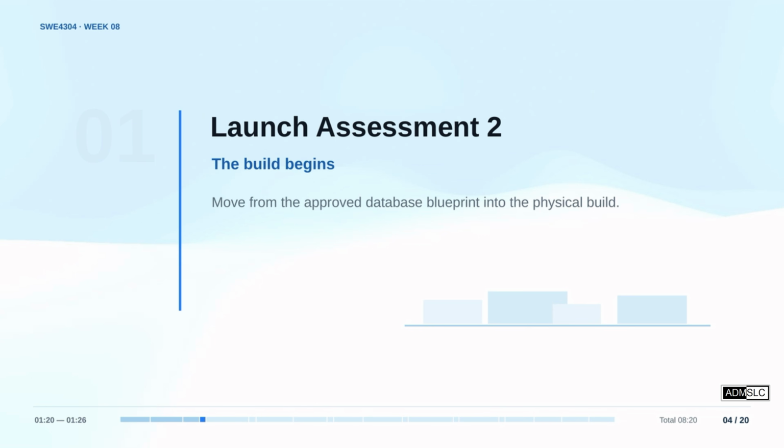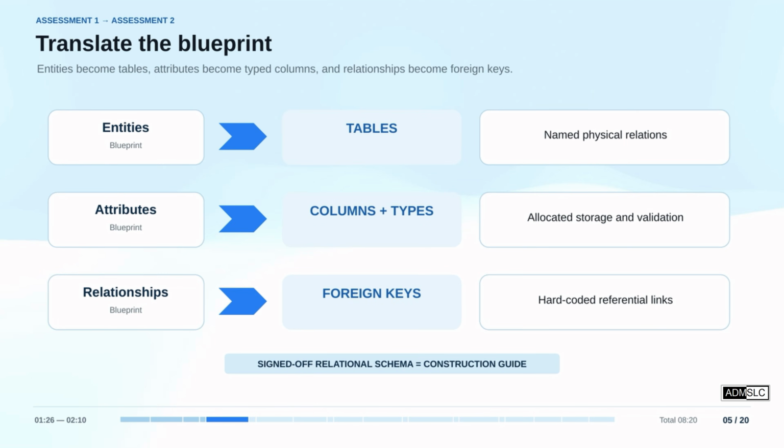The build begins. Okay, let's dive right into this. Up until week 7, your focus was entirely on logical and conceptual design. But starting today, in week 8, we take those logical ERDs and translate them directly into executable MySQL scripts. Think of your Assessment 1 evidence as architectural blueprints.